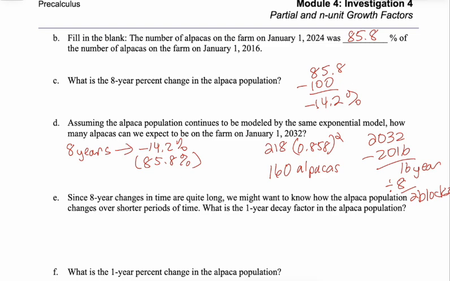So then E is kind of interesting. It says 8 years is quite a long time. What if we only wanted to know the 1-year decay rate? Well, if we know that 0.858 represents our rate for 8 years, the rate for 1 year, we would actually take the 8th root.